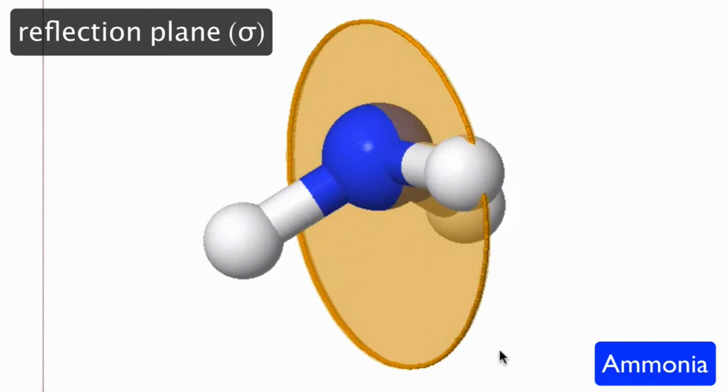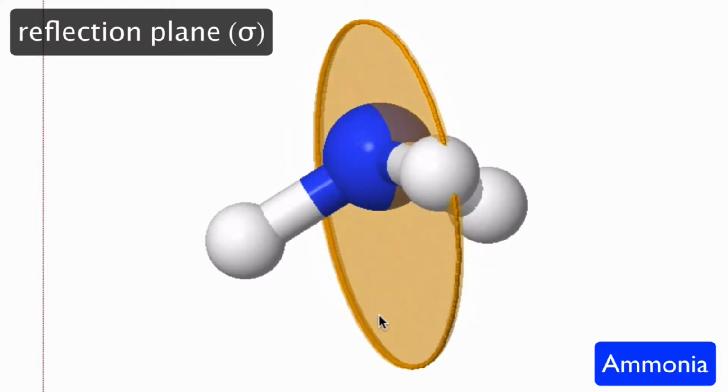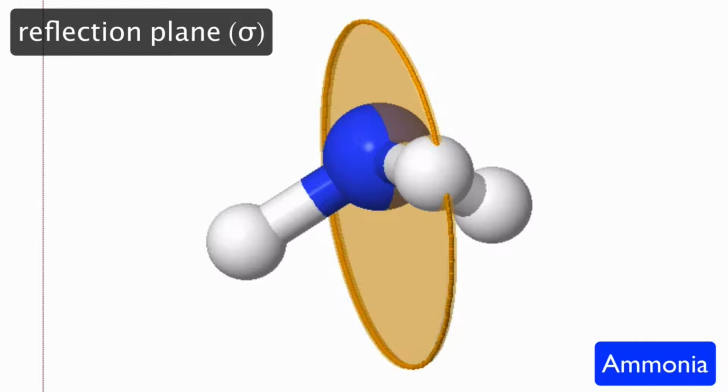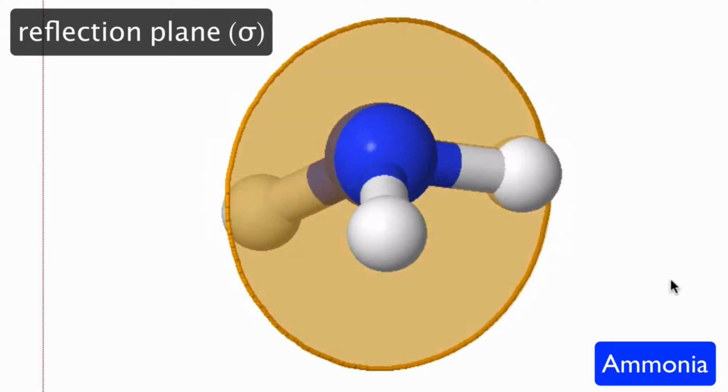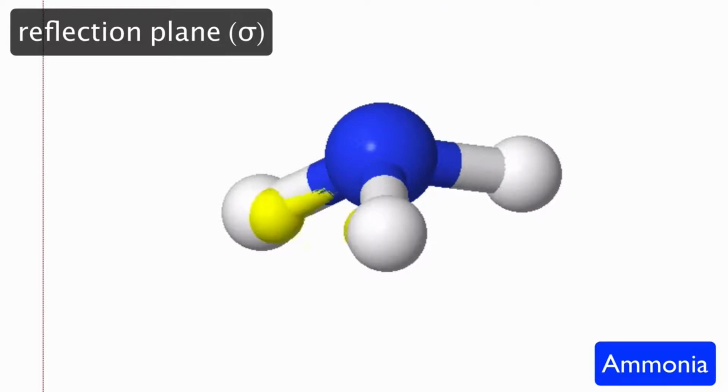I can reflect through that plane there. There we go, you see, this one at the front, this one at the back, they swap positions, but the end result is that the molecule looks exactly the same as when we started.